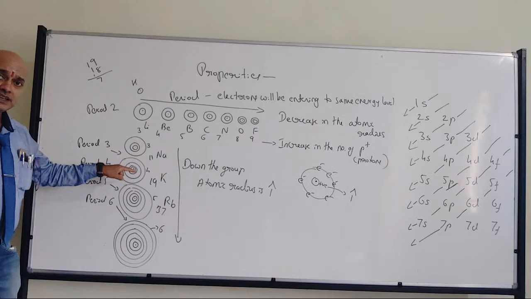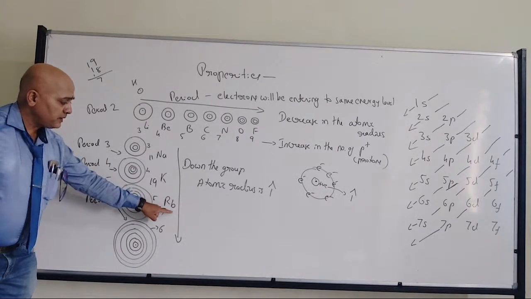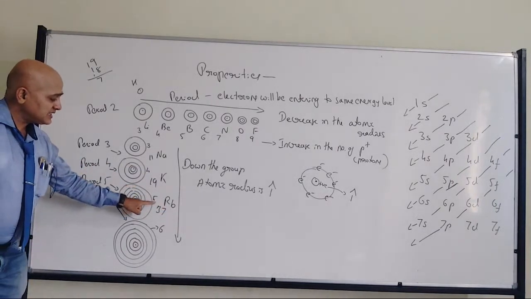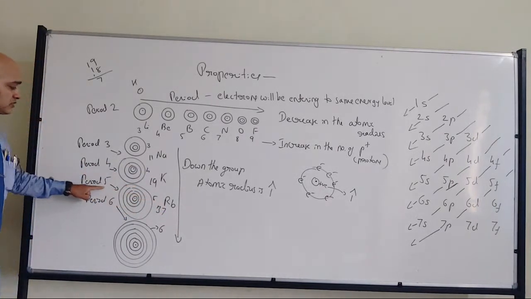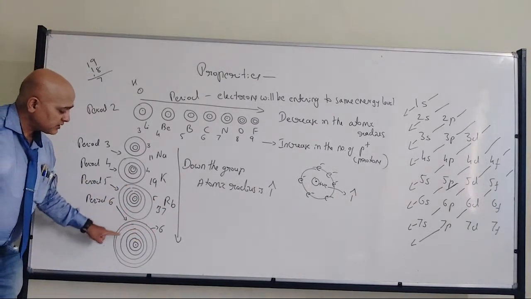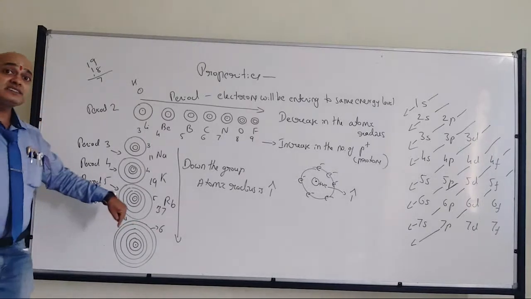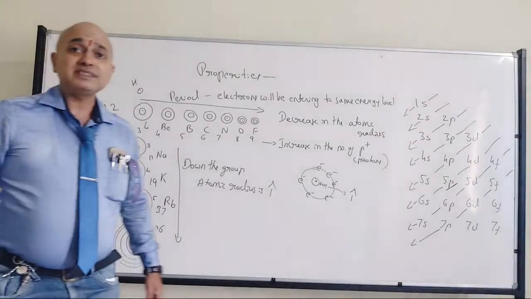Therefore, potassium belongs to period number 4. Same logic for rubidium: outermost energy level is 5, so it belongs to period number 5. Cesium, period number 6, because the outermost energy level is 6. Francium, outermost energy level is 7.